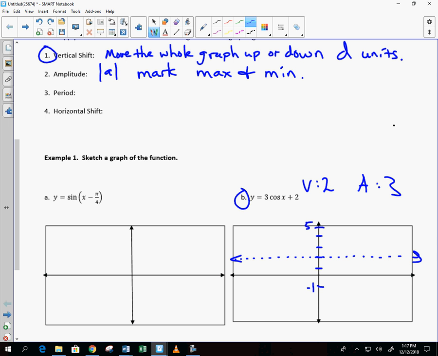All right. So the period, you take 2 pi and divide it by b. What is the b value? 1. 2 pi divided by 1 is 2 pi.